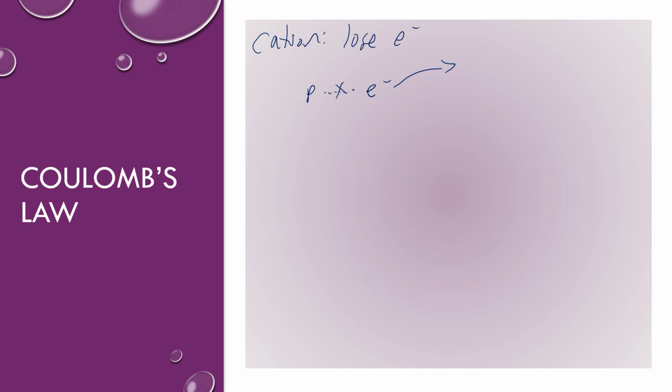The more protons you have, so the number of protons or the nuclear charge, can affect it, as well as the atomic radius. So what that boils down to is the quantity of charge, and then the distance. And those are always the two factors for Coulomb's law.